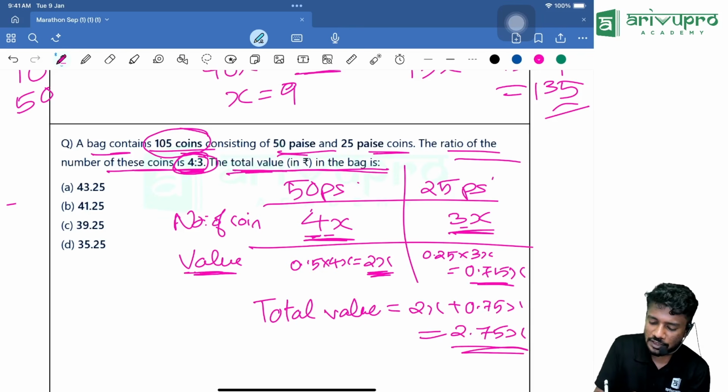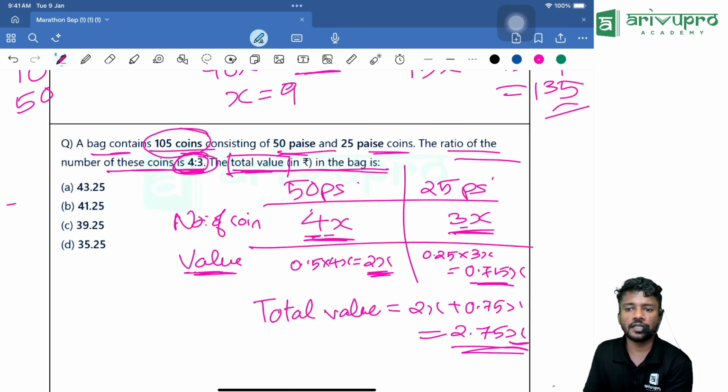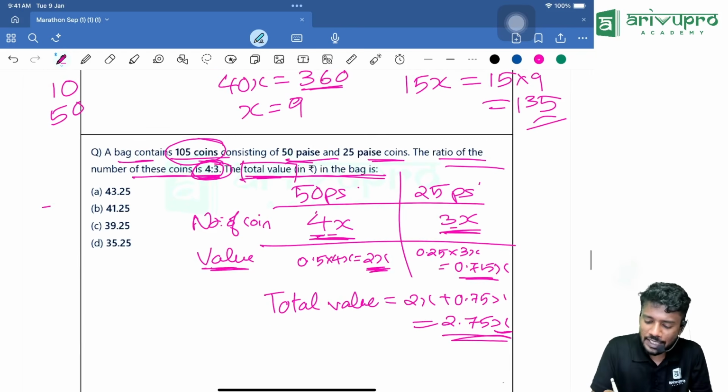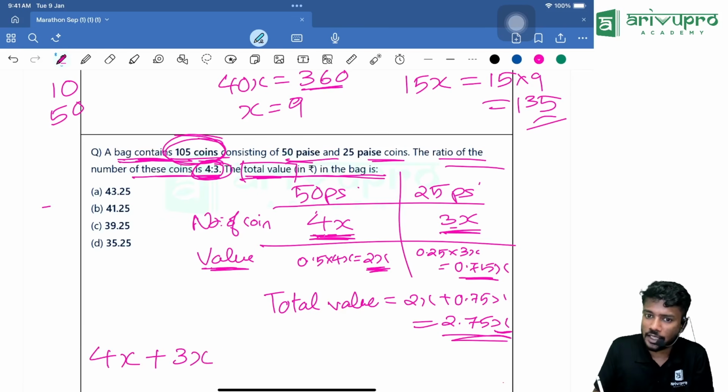Now, this is the thing they are asking us to find. But do you know the x value? No, we don't know the x value. Now, how to find the x value is the next thing. For that, they have given us total coins inside the bag, that is 105. So, we know that total coins is 4x plus 3x, which is equal to 105.